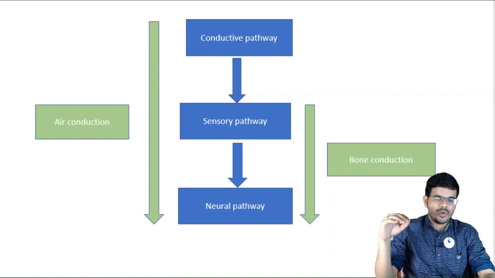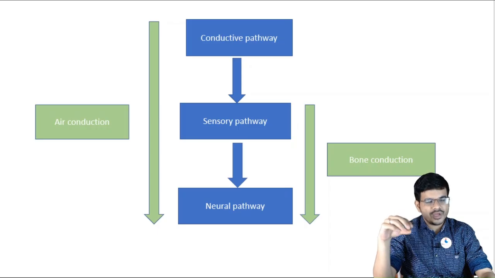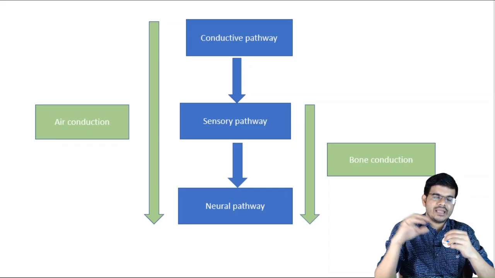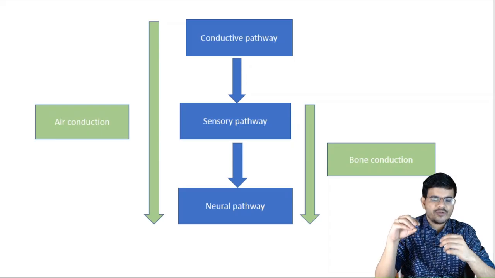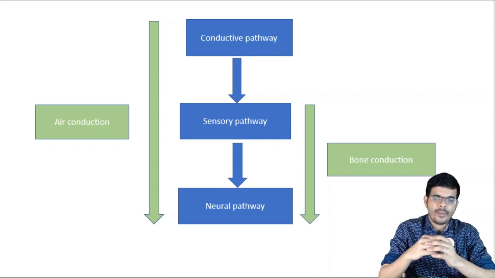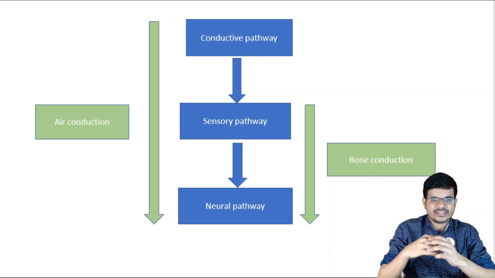Initially it is the conductive pathway where the sound which is getting collected by the pinna goes into the tympanic membrane, and from there into the footplate of stapes where the impedance matching is taking place within the middle ear, so that the sound gets amplified, and the amplified sound is reaching the footplate of stapes, and because of that vibration there is vibration occurring in the scala vestibuli and scala tympani, which causes a shearing action, and this shearing action is causing the movement of the hair cells over the tectorial membrane, and this movement of hair cells is causing the opening up of the various channels, and this is resulting in the release of neurotransmitters through the auditory nerve.